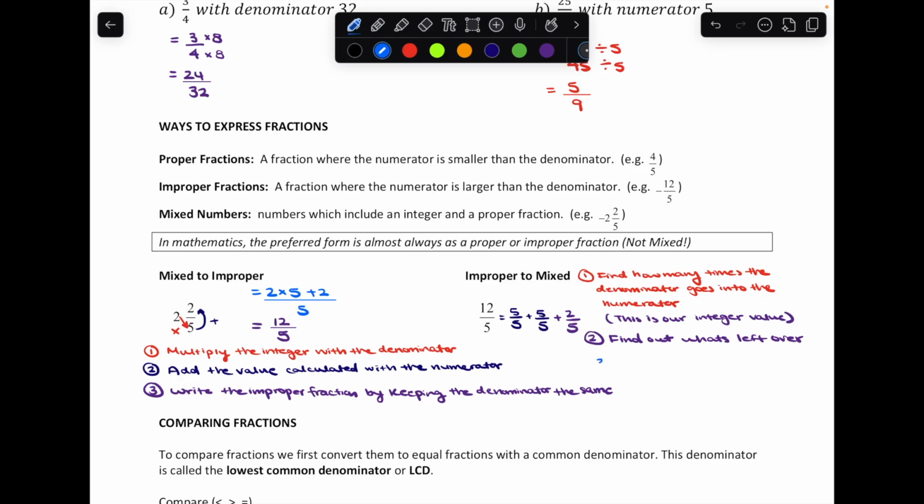And then finally, the third step is to write the mixed fraction. So our integer value here is 2. 5 goes into 12 two times, and what's left over is 2 over 5.